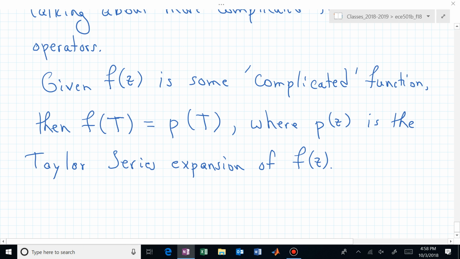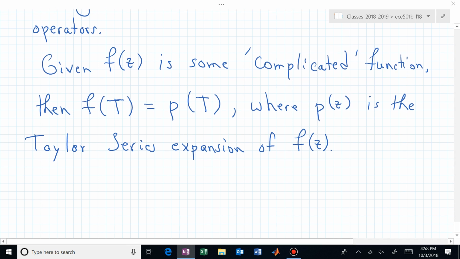So if you have a complicated function f of z, then you can find its Taylor series expansion, p of z, and now we just set f of z equal to p of z. And if we have now f of T, we can find f of T by evaluating p of that operator T.